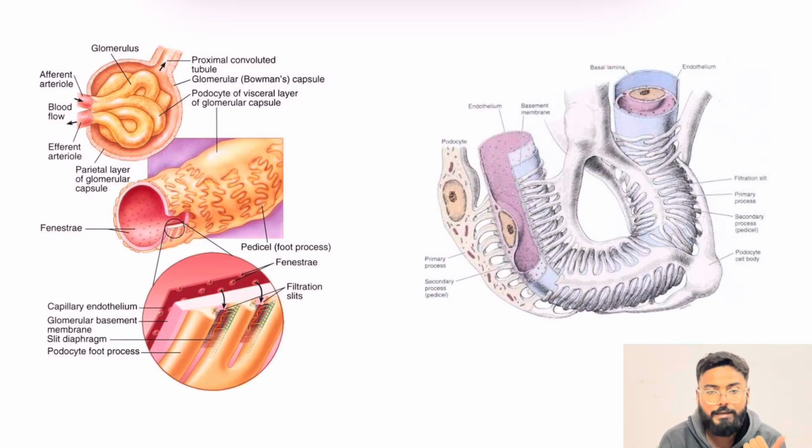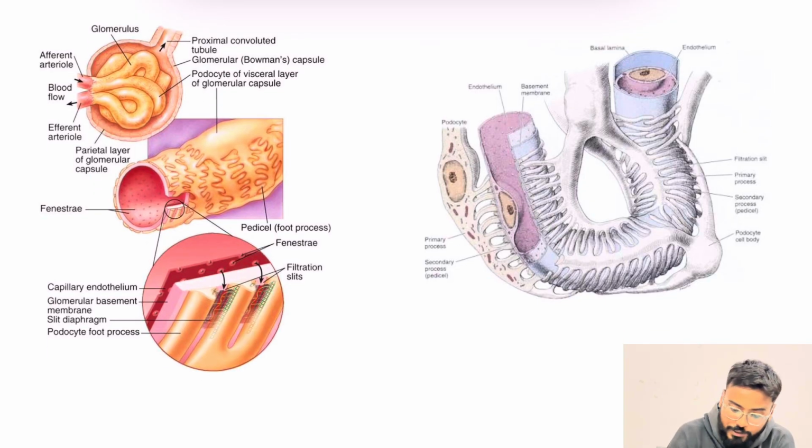So it's really important to understand how these structures are attached to each other, how they are placed, how they are arranged and how they look. That's how you can have a better understanding of all of the pathologies.